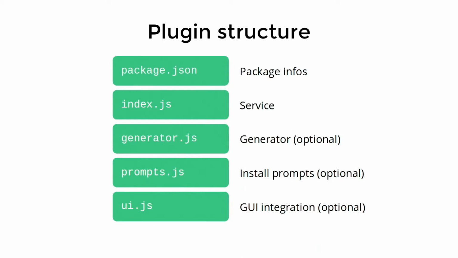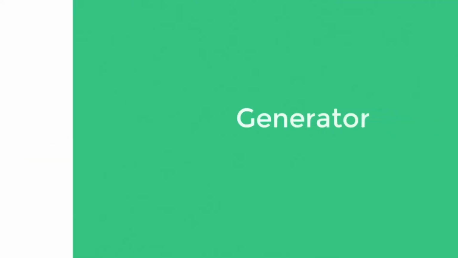Please note that the generator, prompts and UI files can also be directories with an index file inside. So, for example, you can put everything related to the generator inside the generator folder, and then have an index.js file in this generator folder. It will also work.